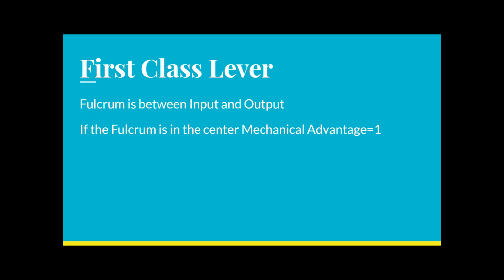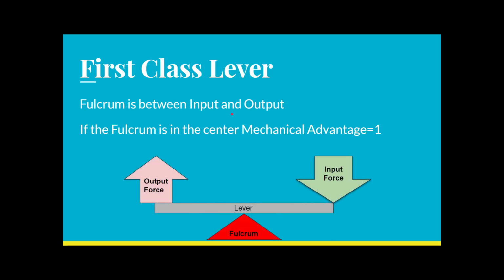And if the fulcrum is in the very center, exactly in between input and output, the mechanical advantage is 1. So that would look something like this. You can see the input force is exactly the same size and length as the output force. The only thing the lever is doing in this case is changing the direction.